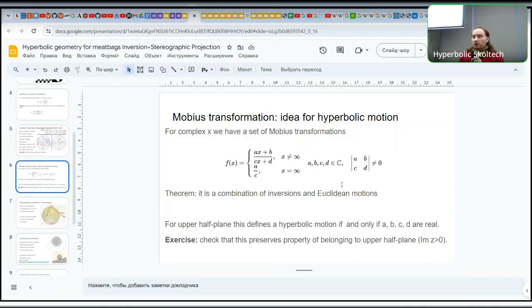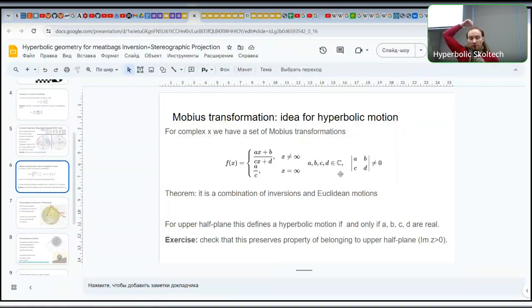So you can consider a discrete subset in this group, which is also a group under these compositions. For example, take A, B, C, D integer numbers. Then this forms a discrete subgroup. Okay, now it's clear.